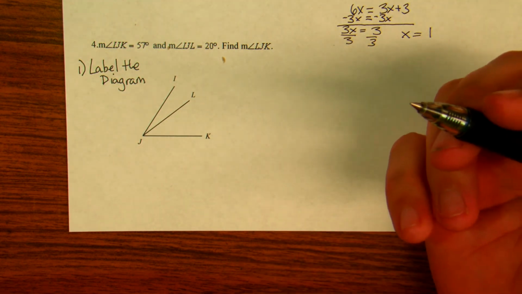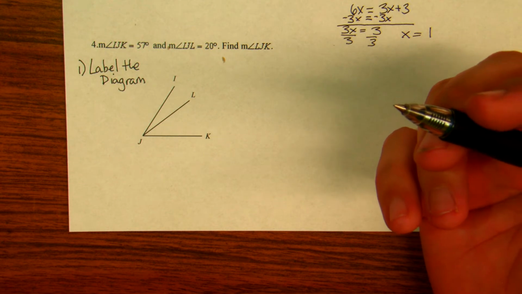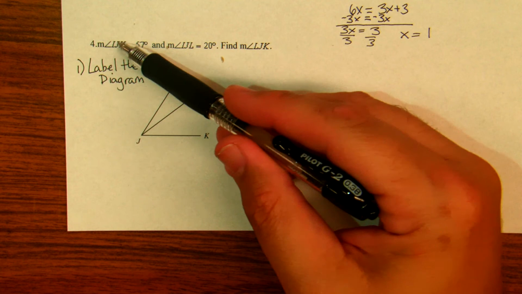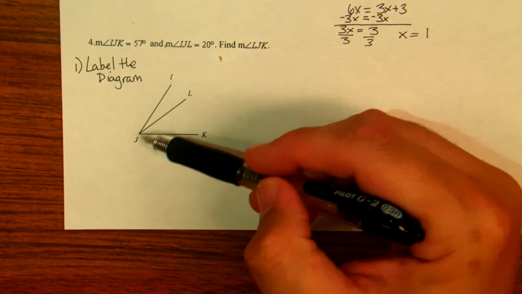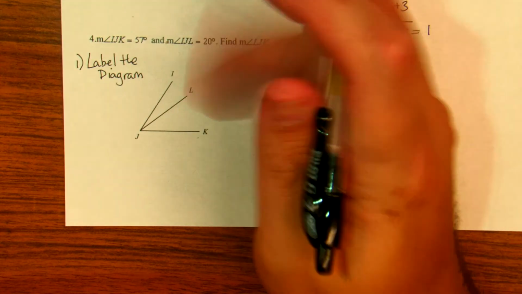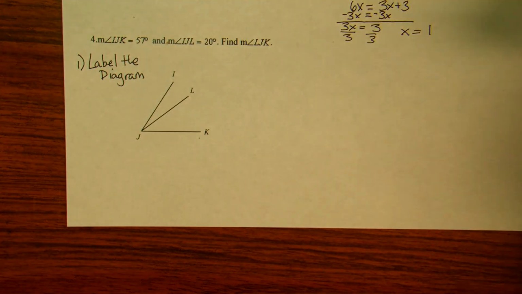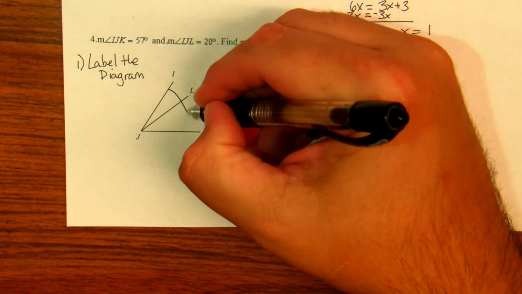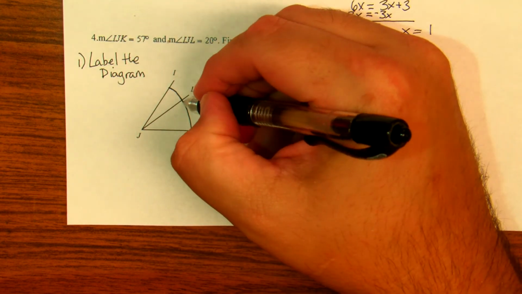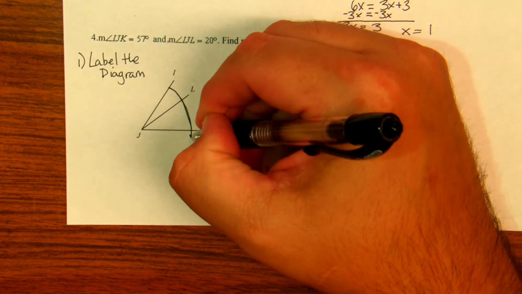So it says the measure of angle IJK is 57 degrees. So which angle is that? The whole thing. And if I were you, I would put an arc here and maybe put an arrow and say that's 57 degrees.